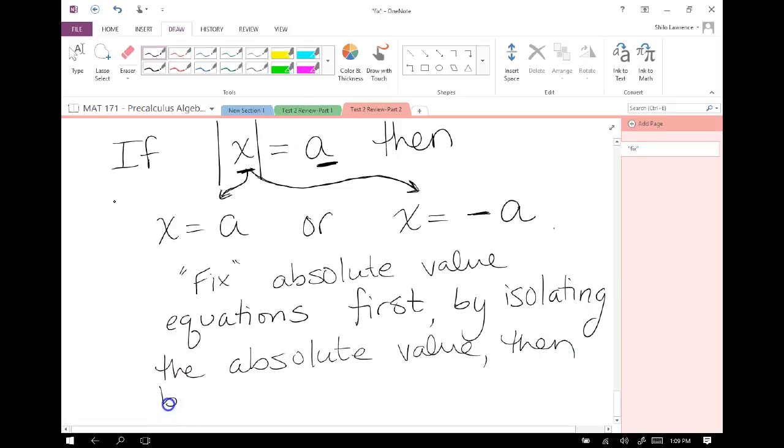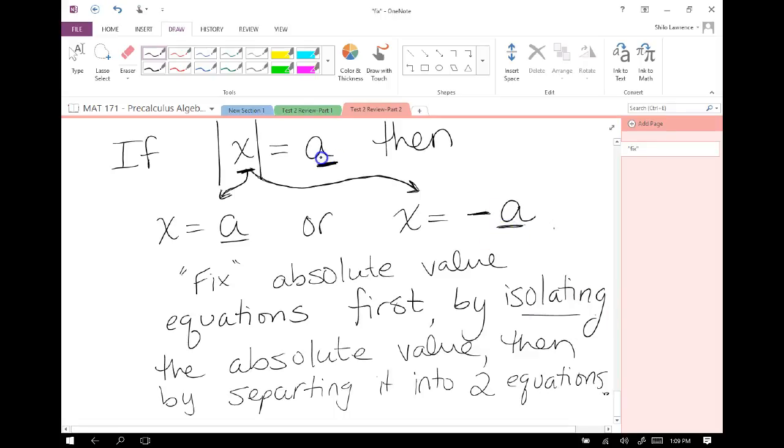And then by separating it into two equations, one with the positive and one with the negative. So always start with the isolating, just like we did with the radicals, and then the separating. Isolate and separate.